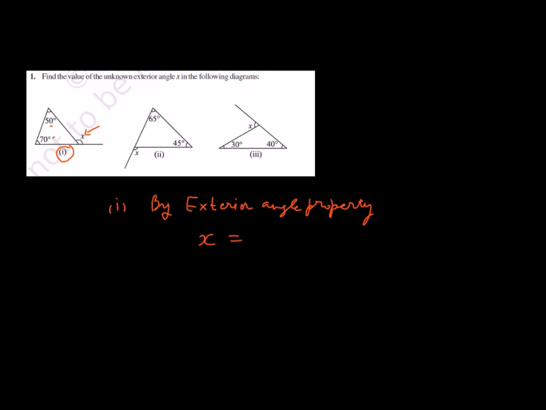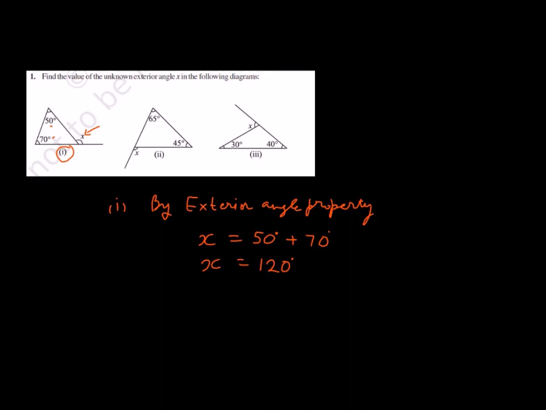These two are the interior opposite angles. So X will be written as X is equal to 50 degree plus 70 degree. So here value of X comes out to be 120 degree.